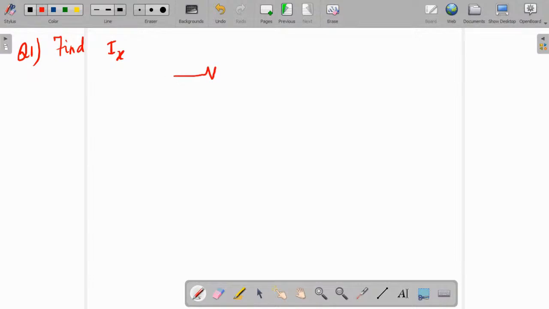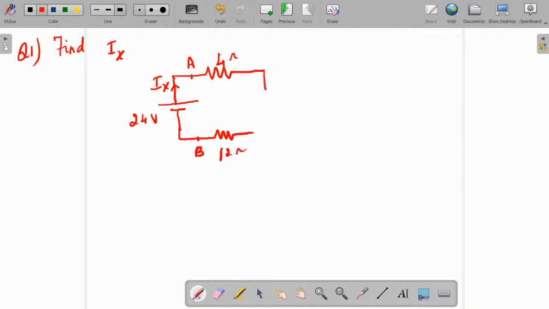So you have a resistor, this is the current IX, this source voltage is 24 volt, 4 ohm, 12 ohm, and this is 6 ohm.